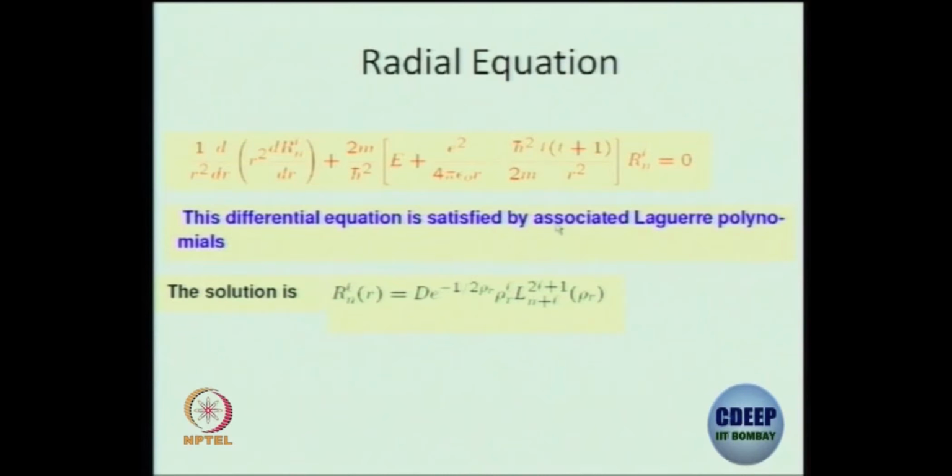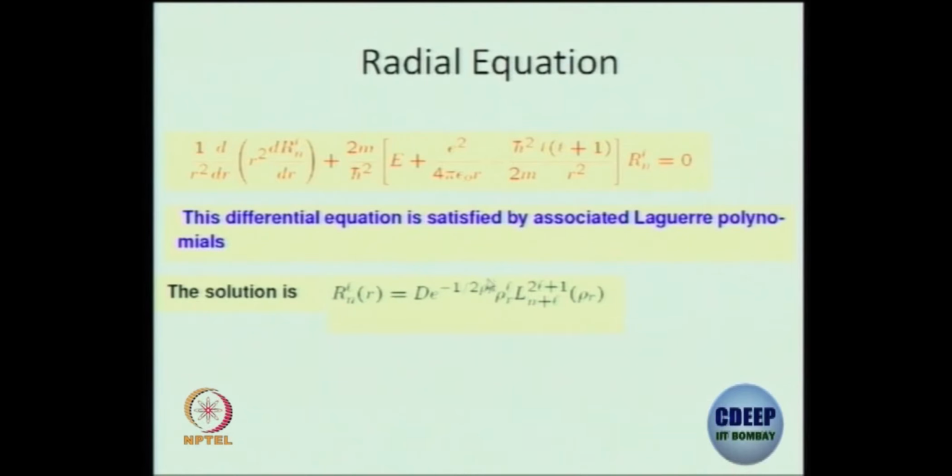In this hydrogen atom, the radial coordinate goes from 0 to infinity, right? The square integrable functions. So you have an e to the power of minus half rho, a function of r, I am calling it rho r, and the associated Laguerre polynomial, and there is a condition that n and L are not arbitrary.